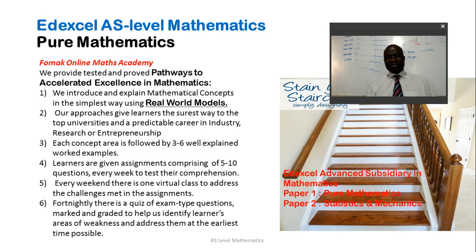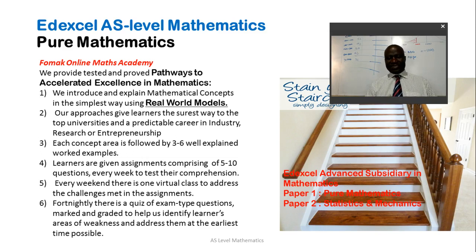So our approaches give learners the surest way to some of the top universities in the world. By this, I mean from Europe, including the UK, North America, and in the Far East, I would take examples of countries like Australia and Singapore, which have got some of the best and well-sought universities in the world.